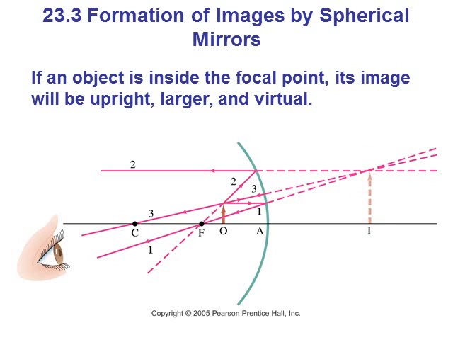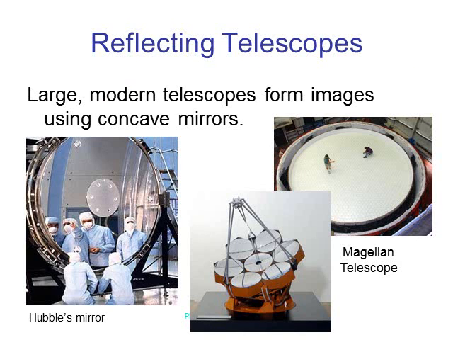That image is virtual, but it's larger and very handy to do your makeup. Okay. Reflecting telescopes, these are usually concave. And when we say mirror, loosely speaking, it can be taking in gamma rays or light rays or different rays. It's still concave for whatever that electromagnetic spectrum ray it is that it's supposed to be sensing.